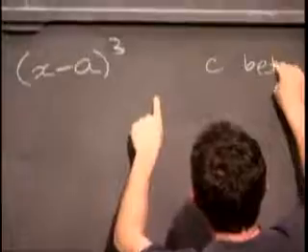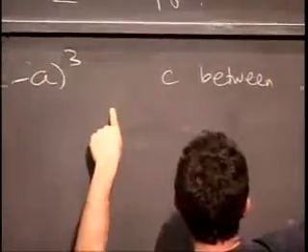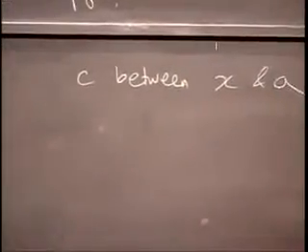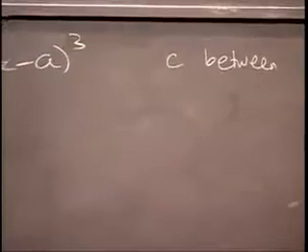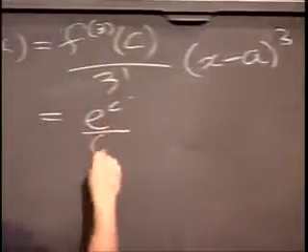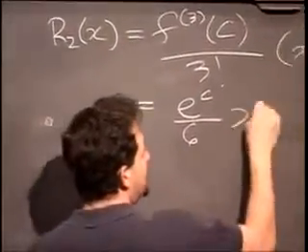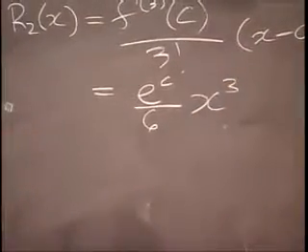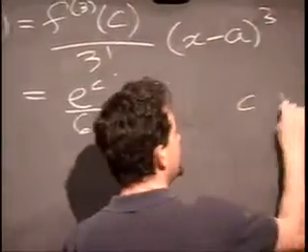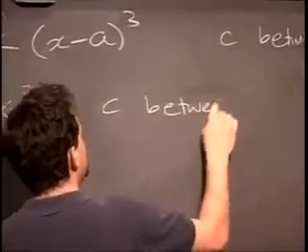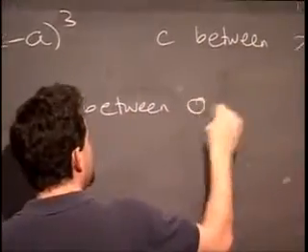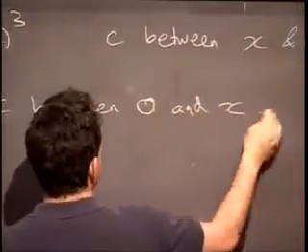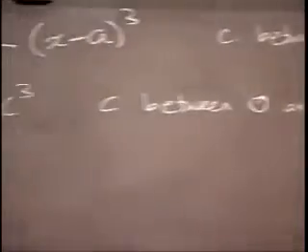Now, here I have c between x and a. That's the general formula. Again, the third derivative is e to the c, and it's going to be over 6, x cubed, because a equals 0. And c is between 0 and x. So now, what have we done?